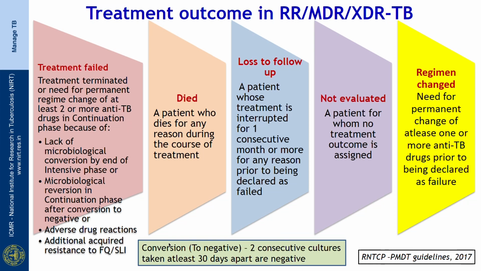So, what are the unfavorable treatment outcomes in case of drug resistant tuberculosis? A patient is considered treatment failed if the treatment is terminated or need for permanent regimen change of at least 2 or more anti-TB drugs in continuation phase because of lack of microbiological conversion by the end of intensive phase or microbiological reversion in continuation phase after conversion to negative, or adverse drug reactions or additional acquired resistance to fluoroquinolone or second line injectable.